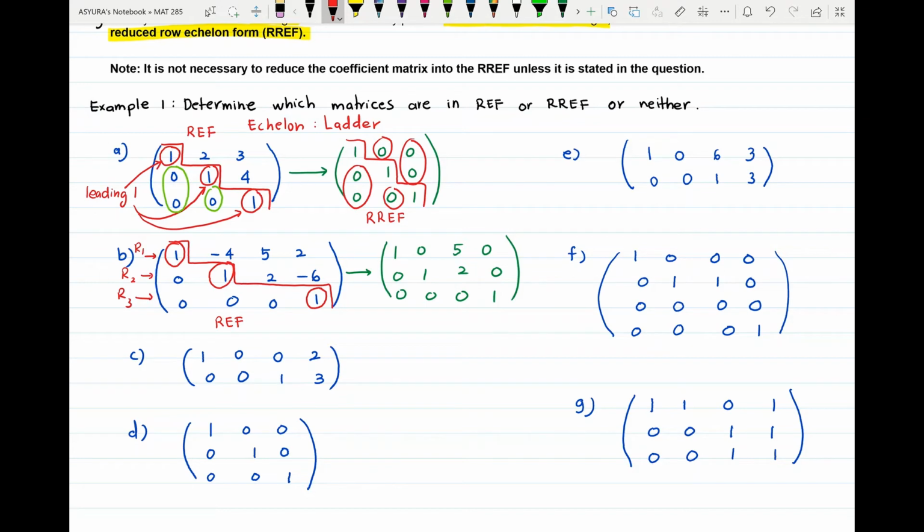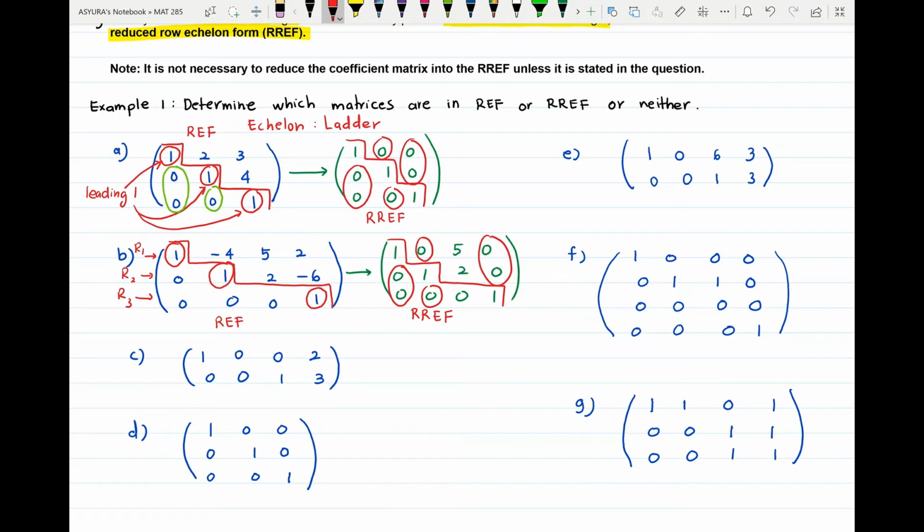This is your answer in the form of RREF. Here we have a ladder, and below the leading one and above the leading one must be 0. The column without a leading one, we just leave as it is.